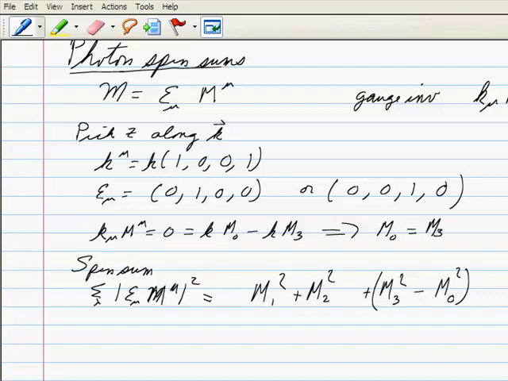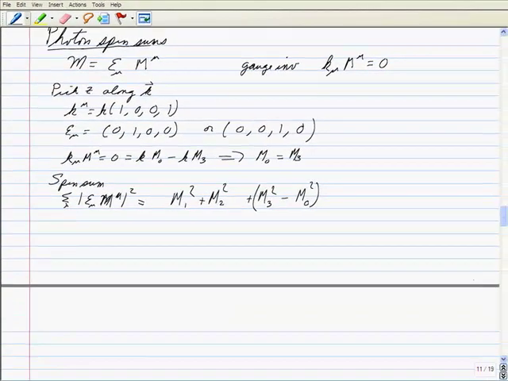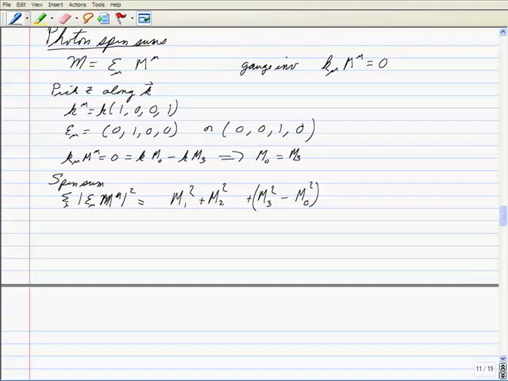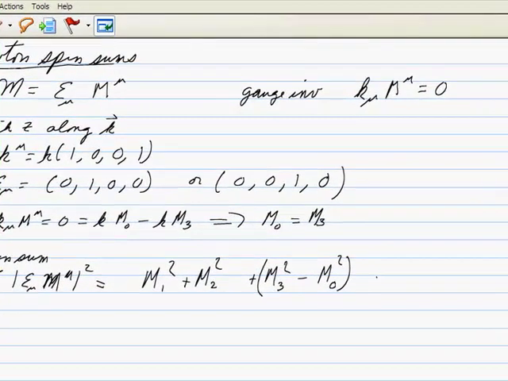This then can be written in a covariant form. It's minus g mu nu M mu M nu. Right? So now it's covariant.